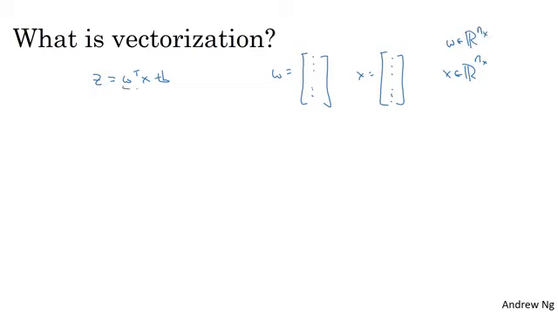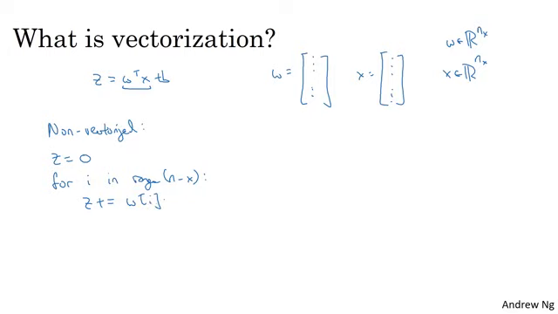So to compute w transpose x, if you had a non-vectorized implementation, you would do something like z equals 0, and then for i in range of nx, so for i equals 1 to nx, z plus equals w_i times x_i. And then maybe you do z plus equals b at the end.